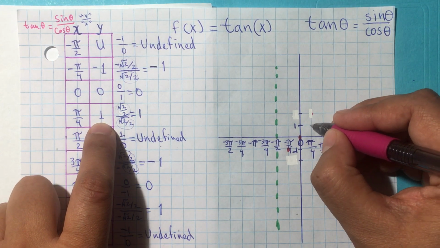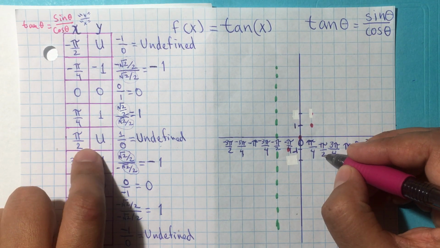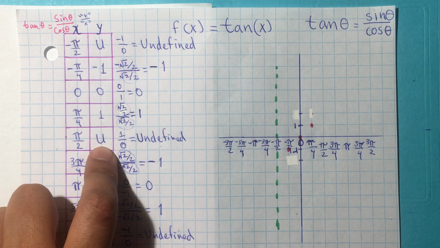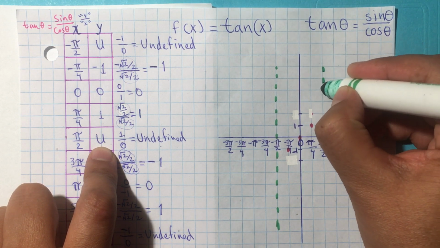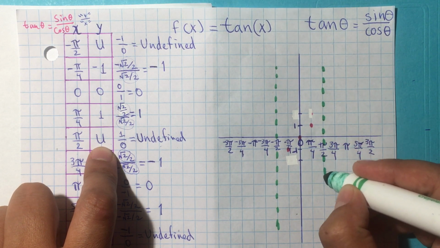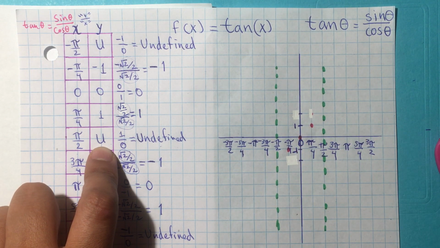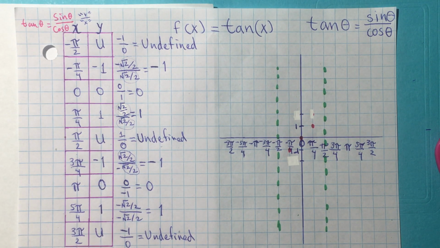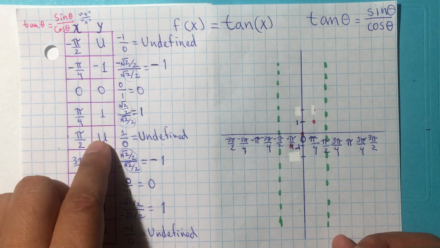Pi/4 is 1. It's here, basically. Pi/2 is undefined, so again we're going to have our vertical line going through there. I'm sorry, it doesn't look very nice to have those patches in there, but I think it's going to look better for the graph.